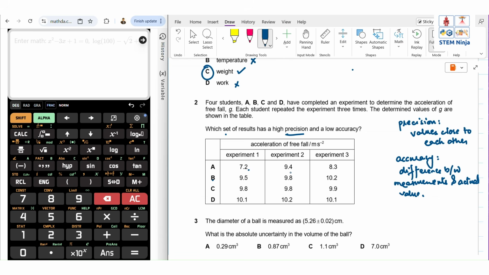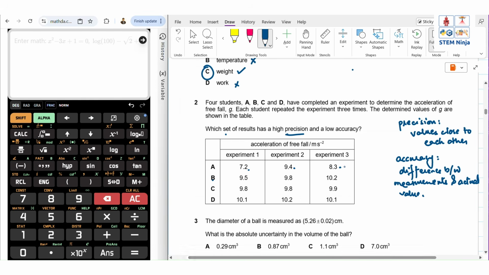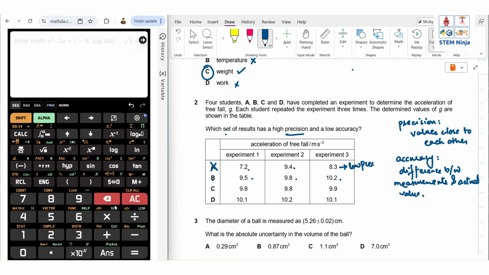So 7.2, 9.4, 8.3. There's a very low precision over here. So we can actually clear it out right away. So this is not the answer. 9.5, 9.8, 10.2. They are somewhat close to each other, but as you can see, the average would still be close.